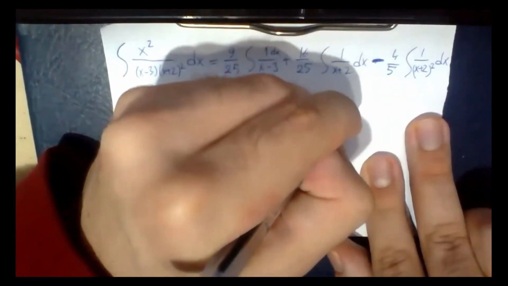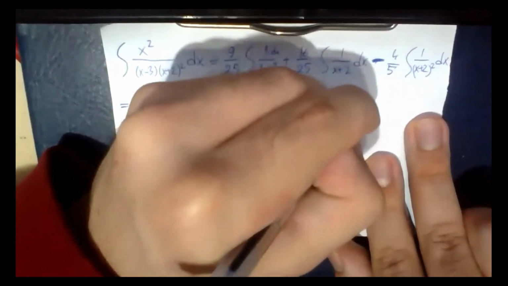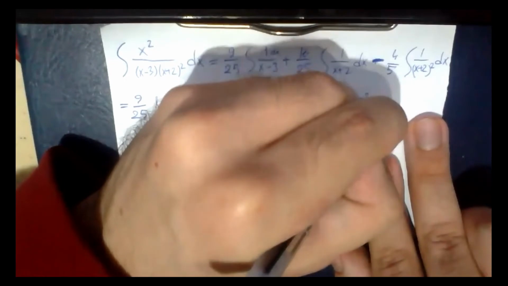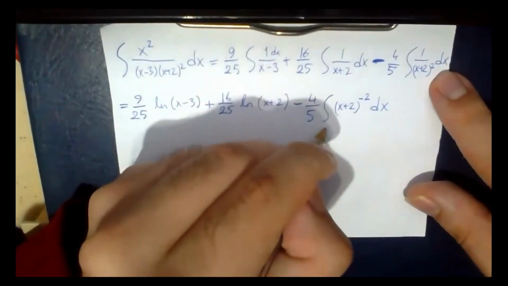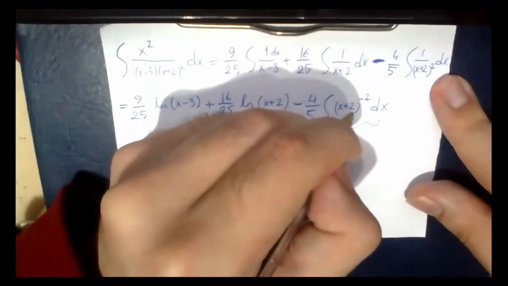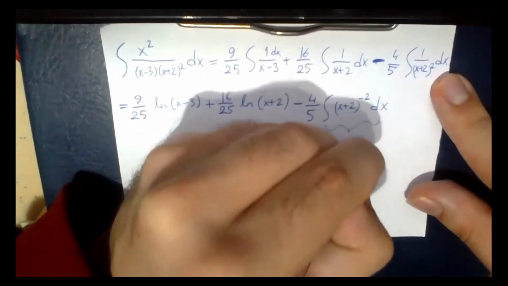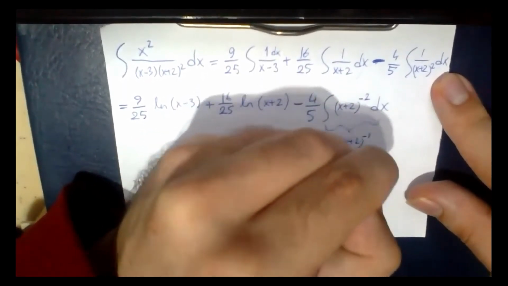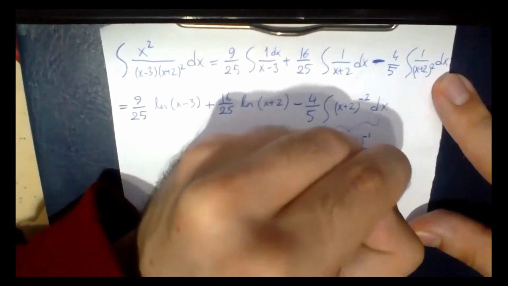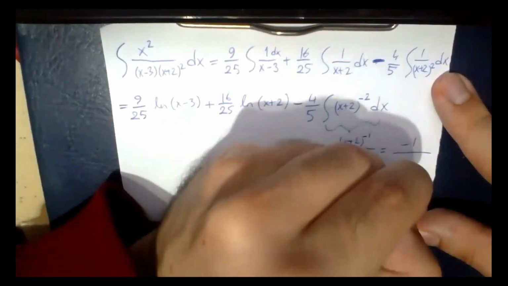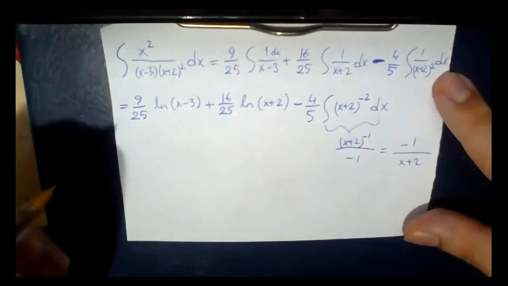We can write this one as x plus 2 to the power of minus 2 dx, so that this integral will be, we increase its power by 1, x plus 2 to the minus 1 over the new power, which will be minus 1 over x plus 2.